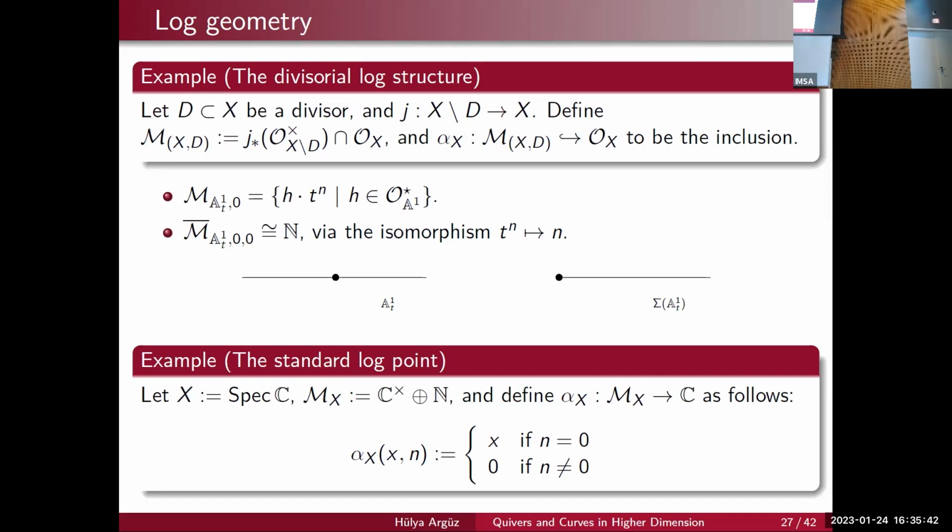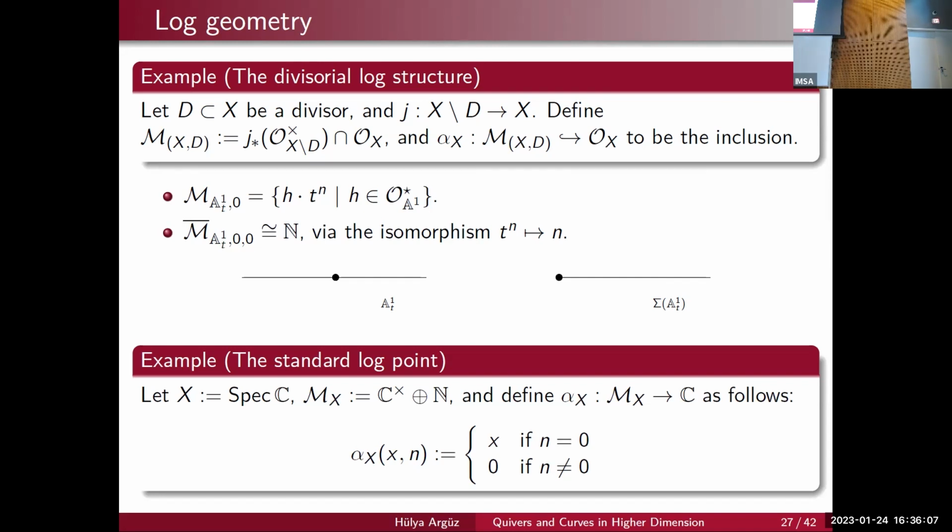If you get rid of the h, meaning passing to the Gauss sheaf, you can identify the t^n with n in the natural numbers. So the Gauss sheaf will be isomorphic to N in this case. And the tropicalization in this situation will be Hom from N to R greater or equal to 0, so it will just be R greater or equal to 0, which is the same thing as the toric fan of A^1.